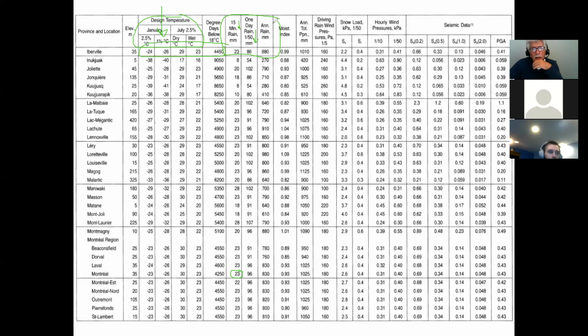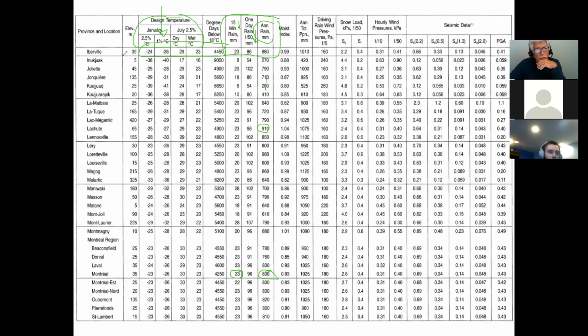And then of course the annual precipitation, how much rain. If you're looking for how much rain we get, you can appreciate that there's more rain in Lachute than in Montreal. So this also can give you an idea.